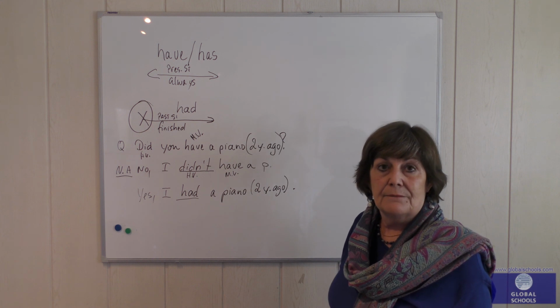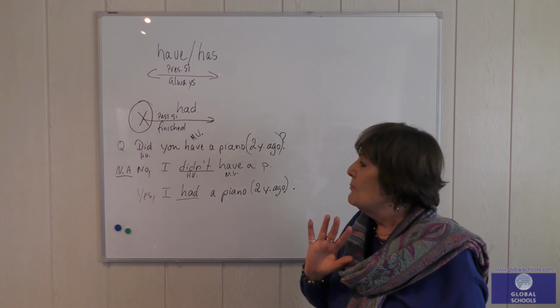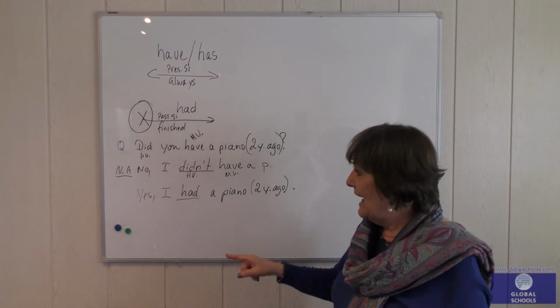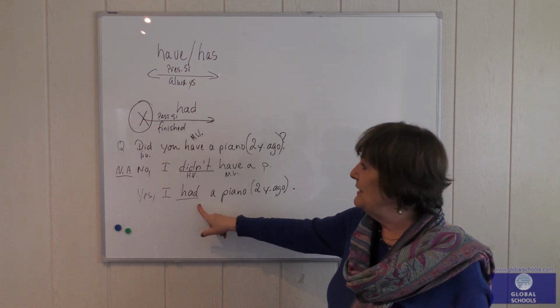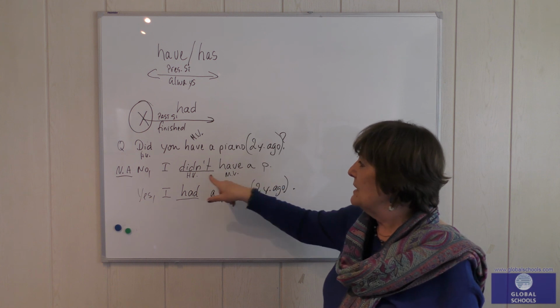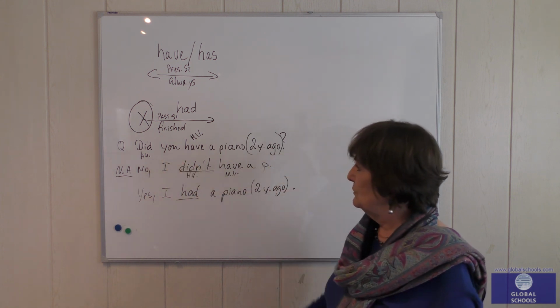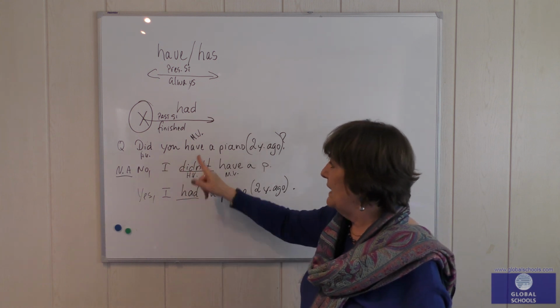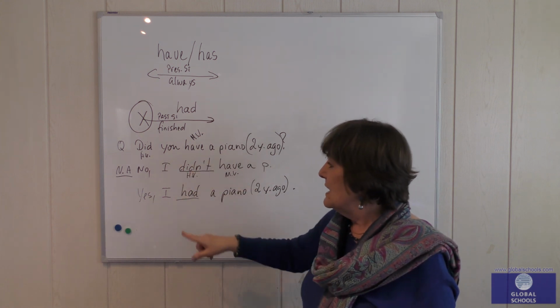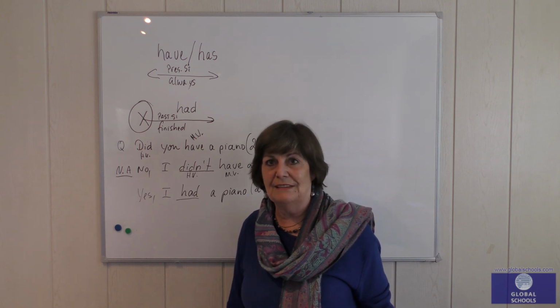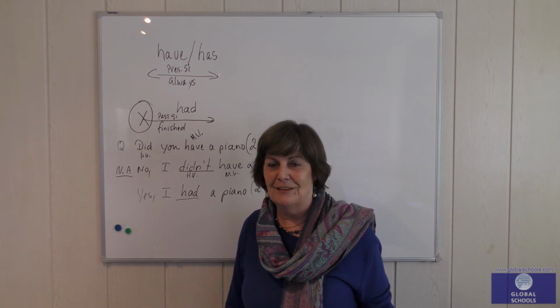Exactly. So always in the past I forget about the S. Past, no S. It's either had in the positive statement or have with negative didn't, or did for the question. So you see, did plus have, didn't plus have, and had in the positive statement, in the affirmative, as you said so nicely. Okay, that's easy.